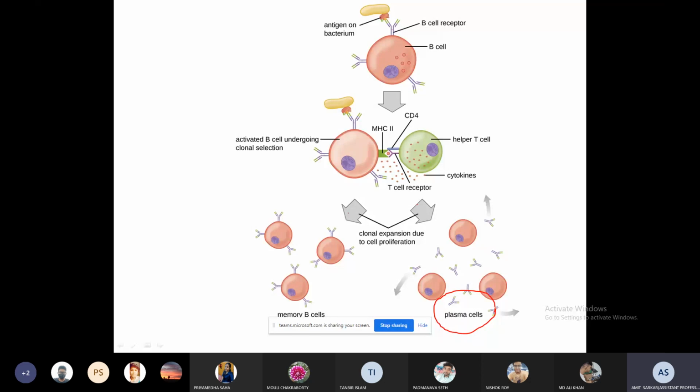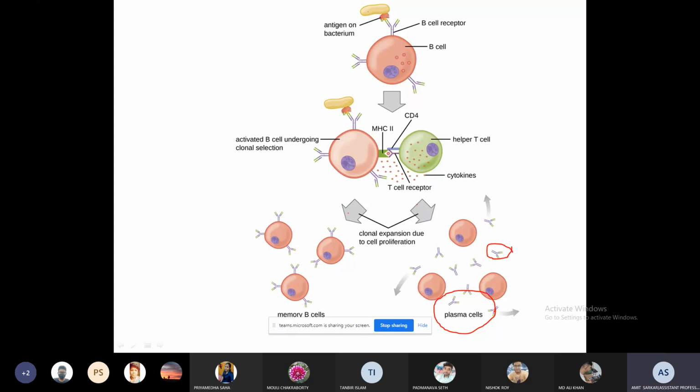We know that these plasma cells will produce soluble antibody. So these antibodies are no longer bound to the membrane. But this antibody is the exact replica of the same antibody. Why is that required? Because here we are talking about specific immunity.